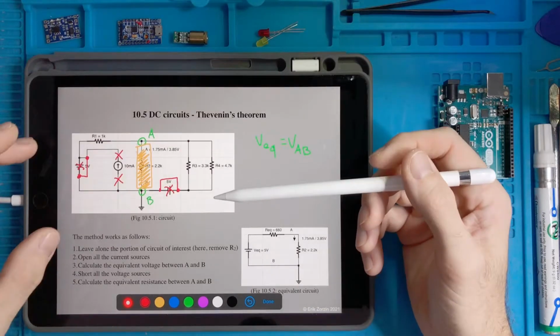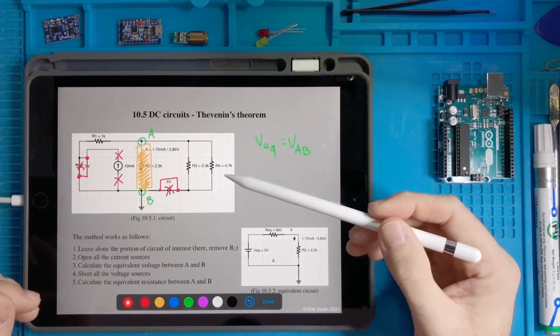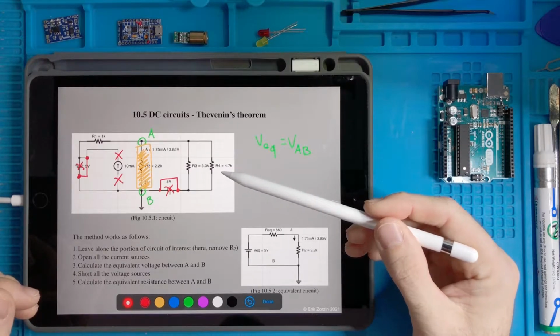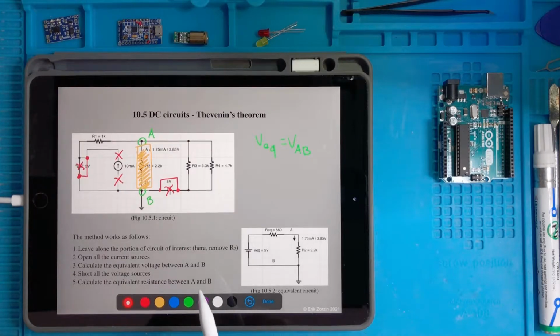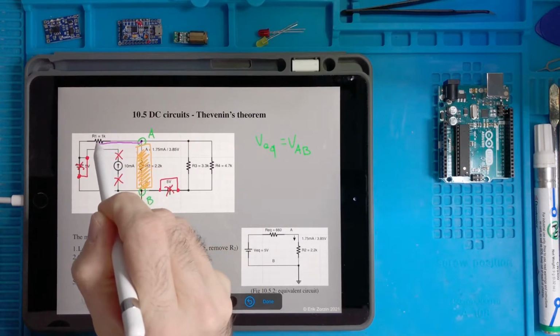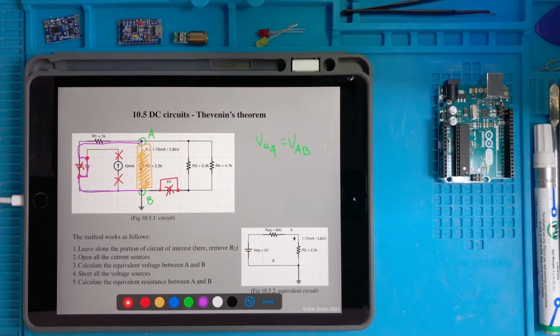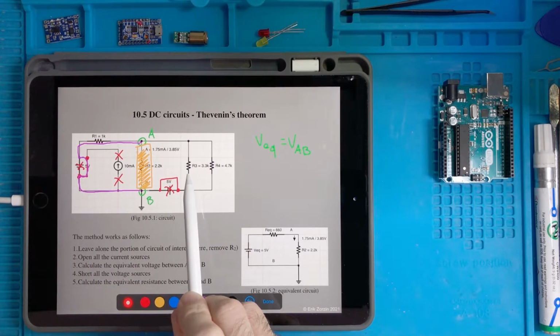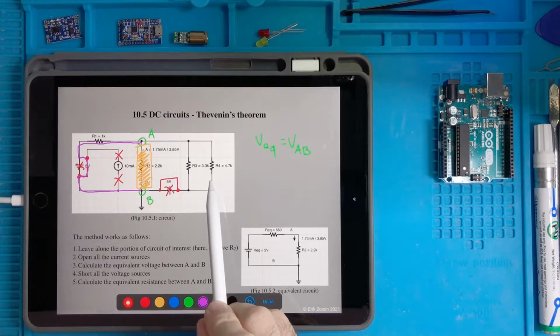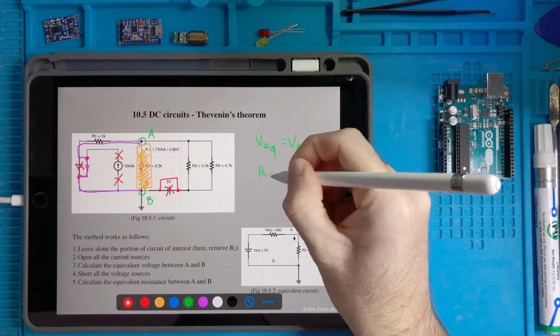So for instance, if we are at this point, R3 is in parallel with R4, and if you carefully inspect the rest of the circuit, this path would be in parallel also to R3 and R4. So with the formulas we studied last time, we can calculate the equivalent resistor between A and B. We call it R equivalent.